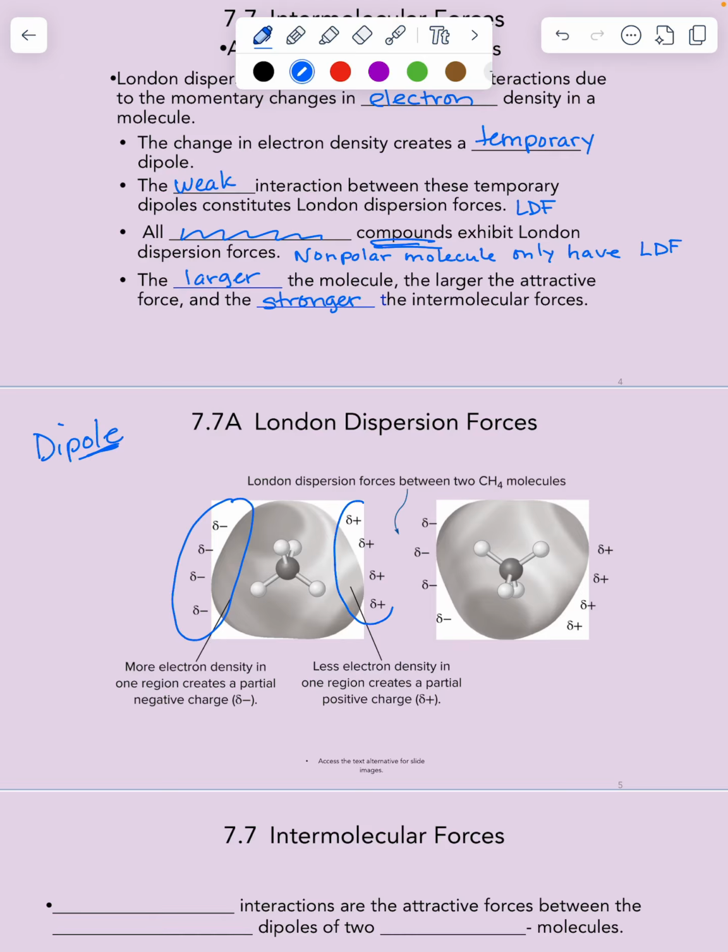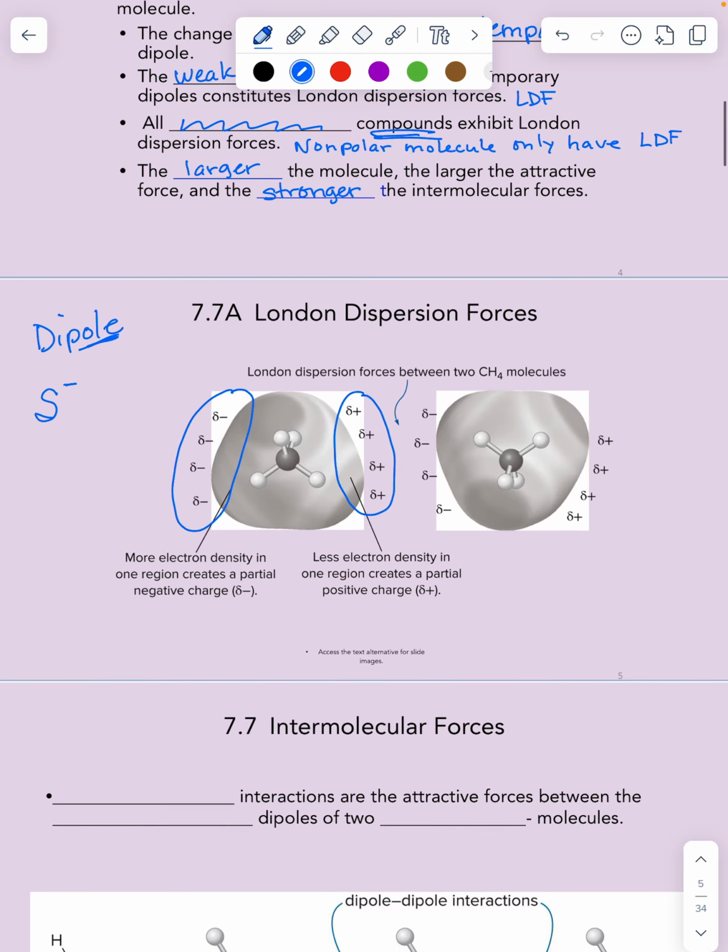And since these are not permanent, we assign them a special symbol, and so you see it drawn here. This is the Greek letter, the lowercase delta, and it looks like a kind of a fancy little S, and it means partial. So we have a partial negative side and a partial positive side on the other side, and so those are our two poles.